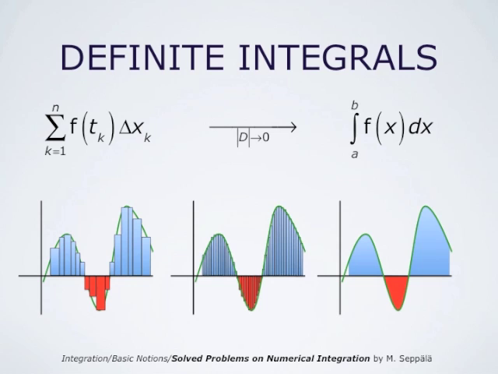If the function f takes only positive values, then the definite integral from a to b f of x dx is the area of the domain under the graph of the function f and over the x-axis interval from a to b.